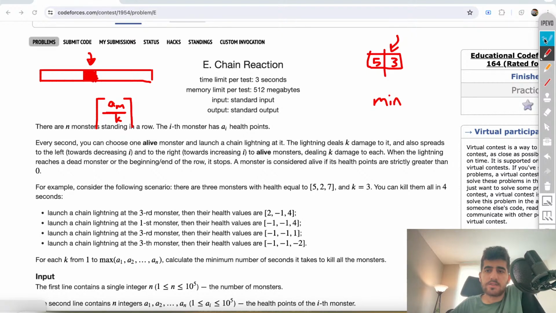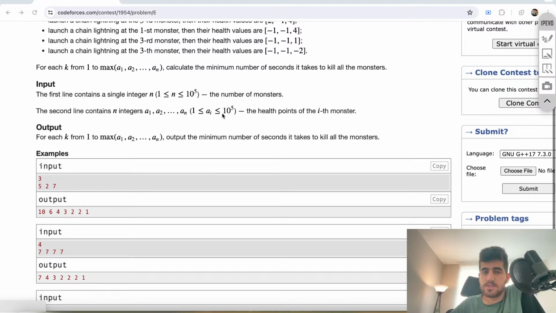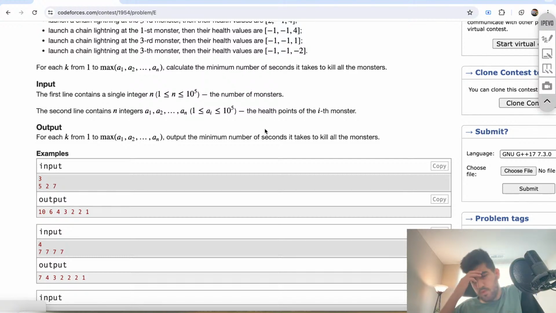And in here, n is up to 10 to the power of 5 and a_i's are up to 10 to the power of 5, which is an interesting thing. Well, doing that might sound reasonable.